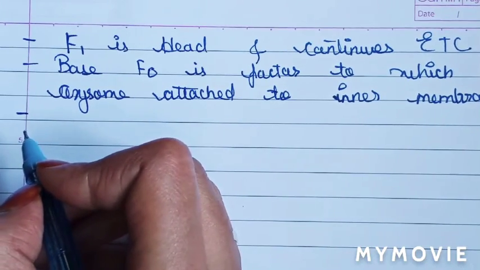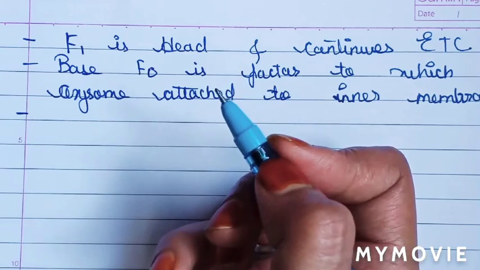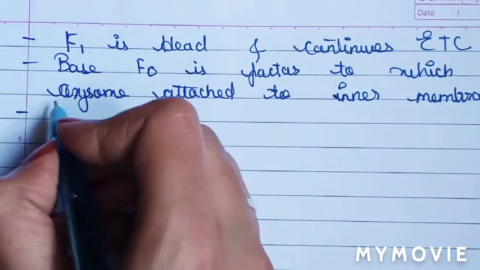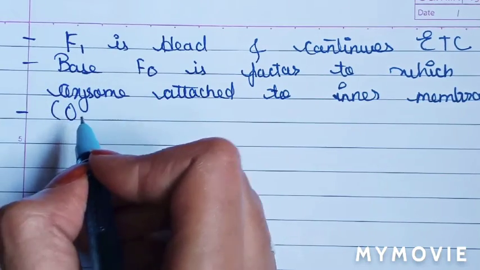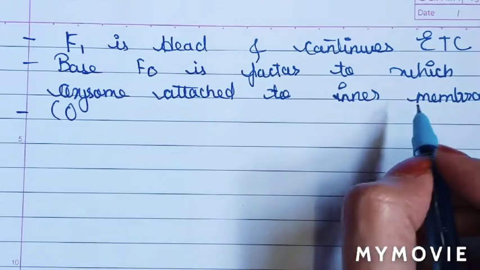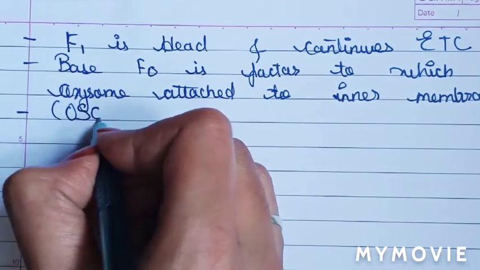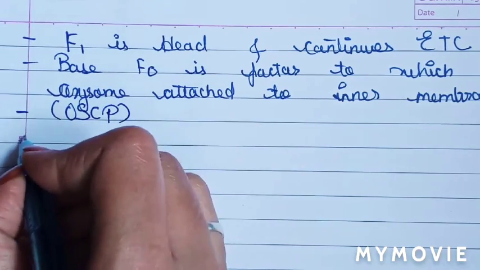We can say it is OSCP. OSCP means what? Oligomycin sensitivity conferring proteins. These are a type of proteins. These proteins are helpful in attaching the oxysome to the inner membrane of the mitochondria.